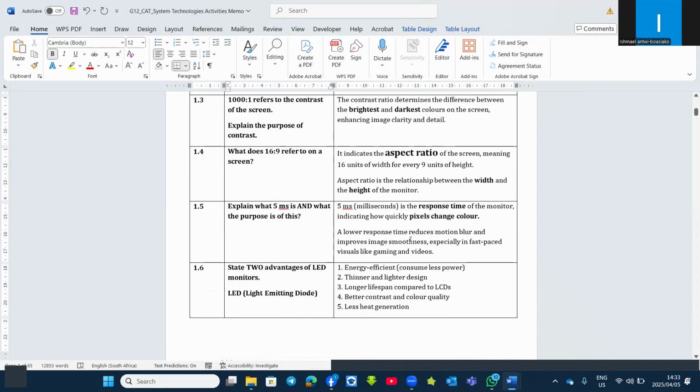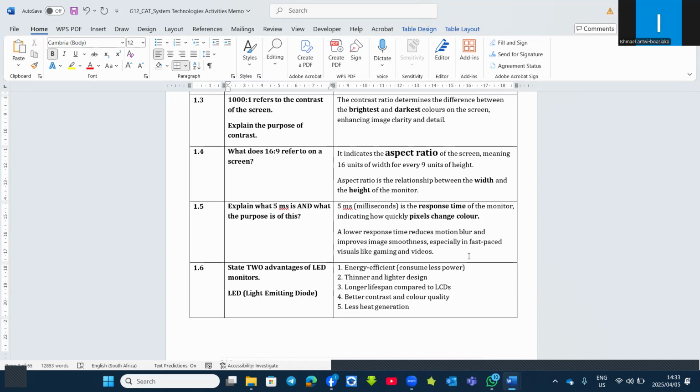The response time also affects the quality. A lower response time reduces motion blur and improves image smoothness. So if the response time is low, then the image smoothness will be better. That is how we explain the response time.